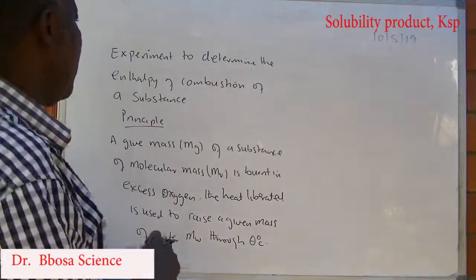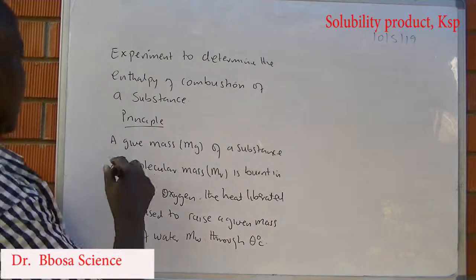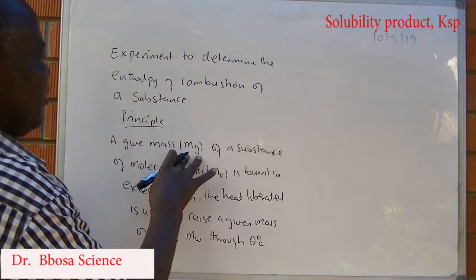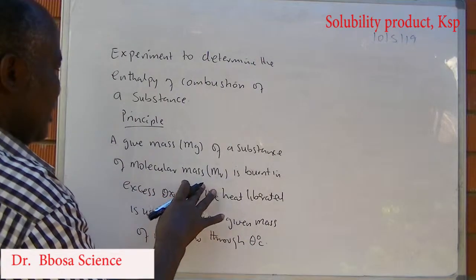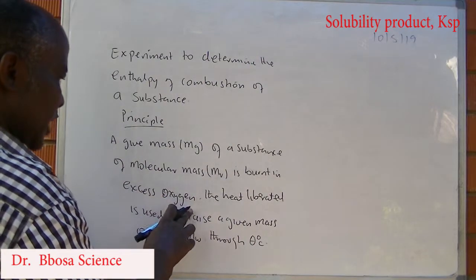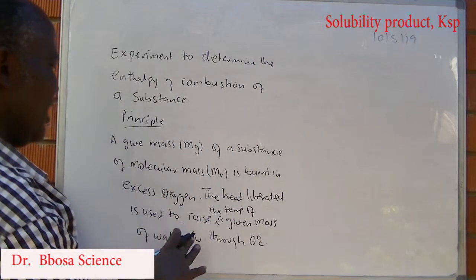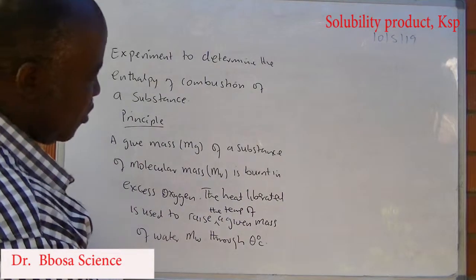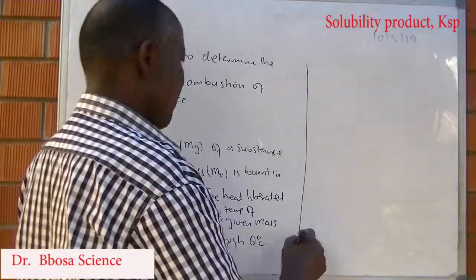Experiment to determine the enthalpy of combustion of a substance. The principle: a given mass M of a substance of molecular mass Mr is burnt in excess oxygen. The heat liberated is used to raise the temperature of a given mass of water through 50 degrees Celsius.